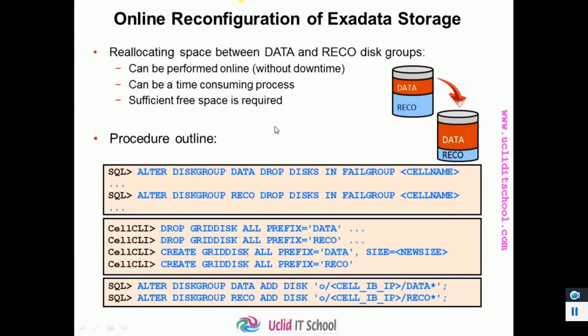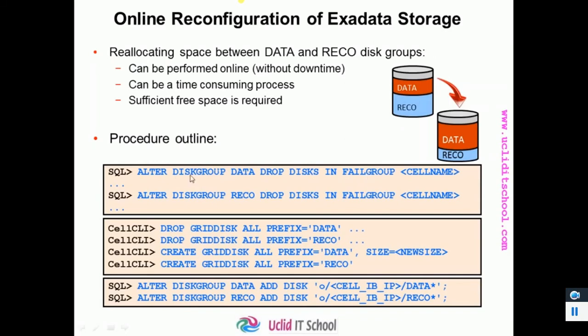So first what you need to do is, suppose you are going to perform this procedure on the first cell, for the data disk group, for one particular disk group. First you need to drop the disks in that failure group.